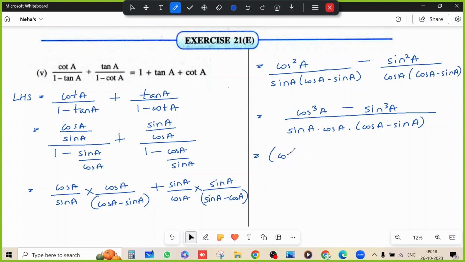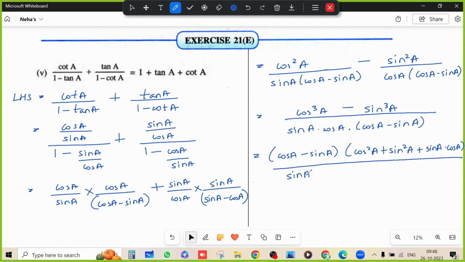So it will become (cos A minus sin A) into (cos square A plus sin square A plus sine A into cos A) divided by sine A into cos A into (cos A minus sine A).